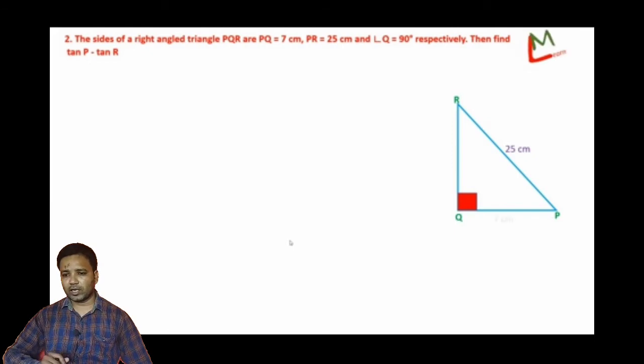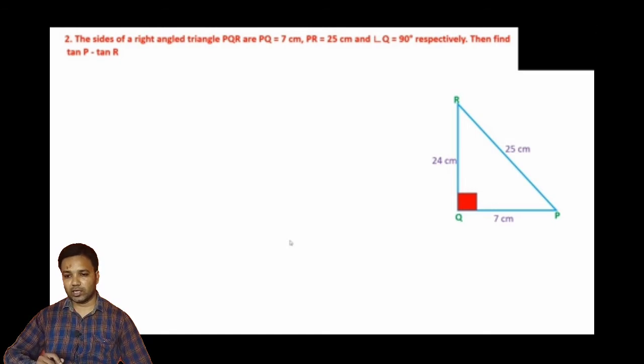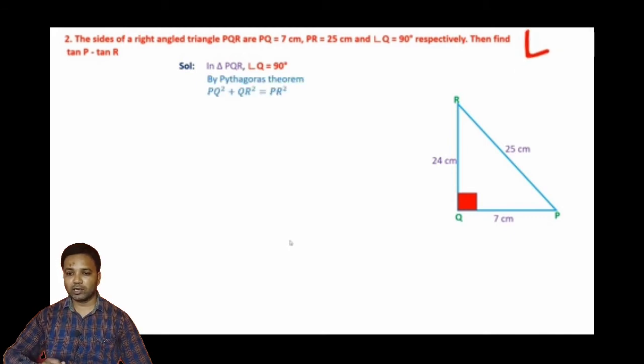Here in this triangle, P and R are acute angles. Angle Q is a right angle. It is given that PR is equal to 25 centimeter and PQ is 7 centimeter. So in the triangle, only two sides have been given.